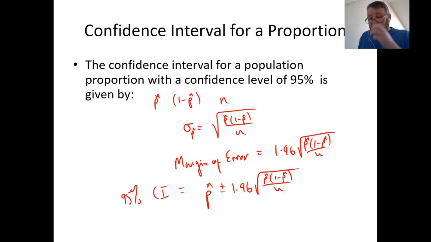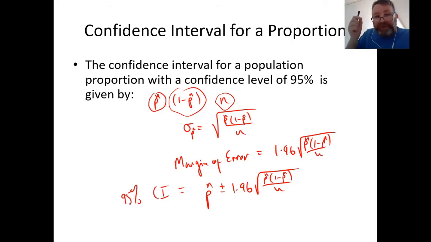Okay, so the three things we will always be looking for in these questions are: what's the fraction representing success, what's the fraction representing failure, and how many people or how many objects are present in my sample. Once you have those three, you can immediately work out the standard deviation of the sample proportion, using the square root of the fraction of success multiplied by the fraction of failure over the number of objects in the sample.